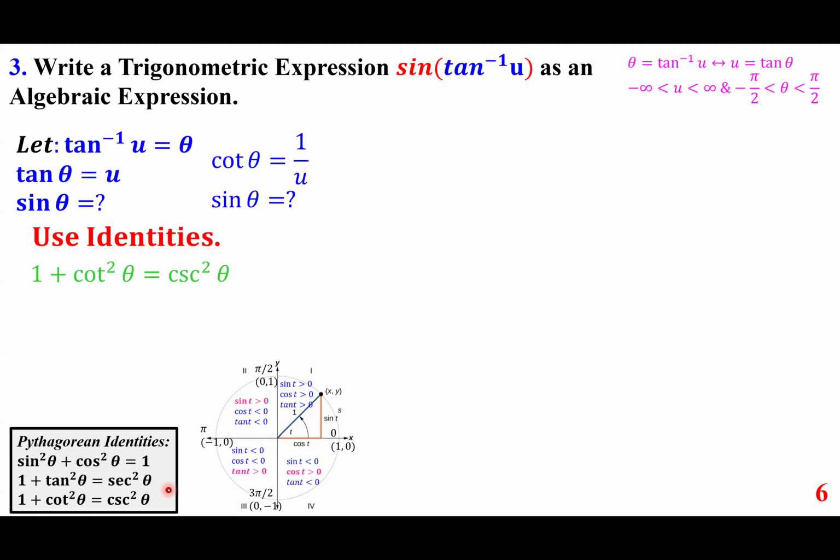So let's do that. So 1 plus cotangent squared, that means 1 plus 1 over u squared is cosecant squared. We can add these two fractions with the common denominator of u squared. This becomes u squared over u squared. So we have u squared plus 1 over u squared.